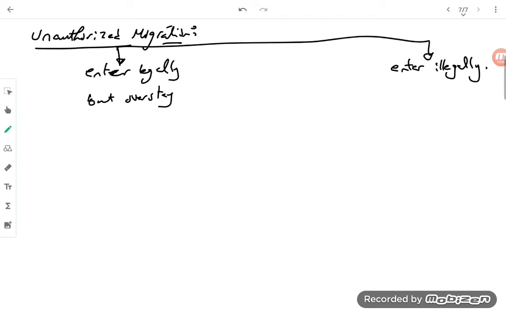Many countries put many restrictions in order to prevent unauthorized migration and to fully control this phenomenon, as this will affect their countries negatively.